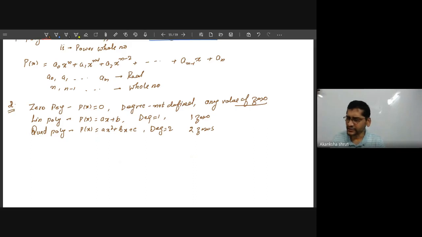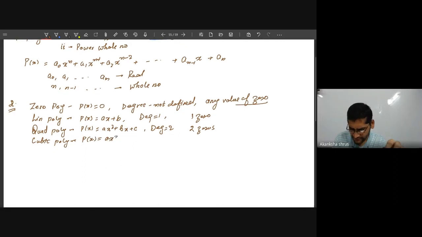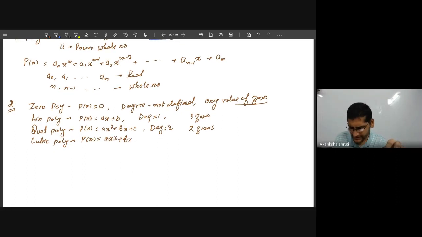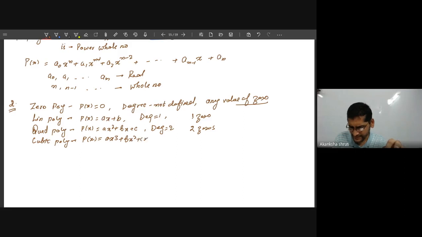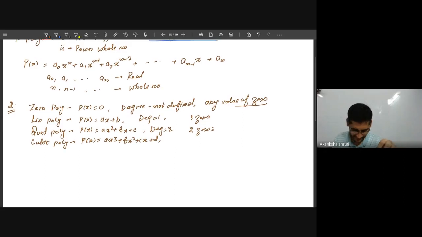In addition to that, we have learned about monomial, binomial, trinomial. That was another classification. If the degree is 3, it is called a cubic polynomial. That we have learned, p(x) is denoted by ax cube plus bx square plus cx plus d.